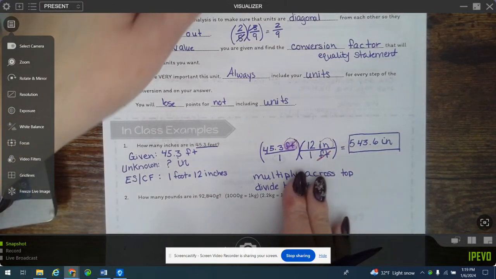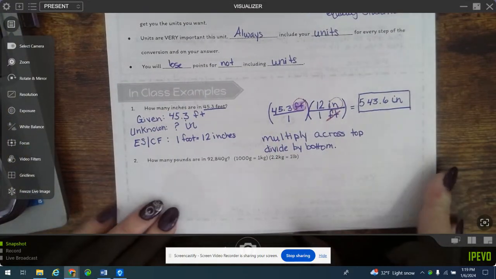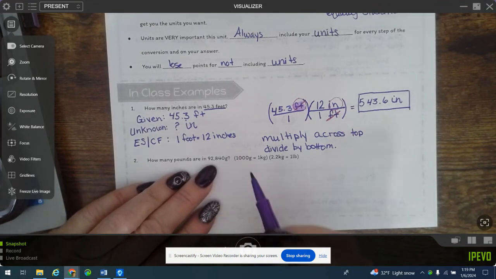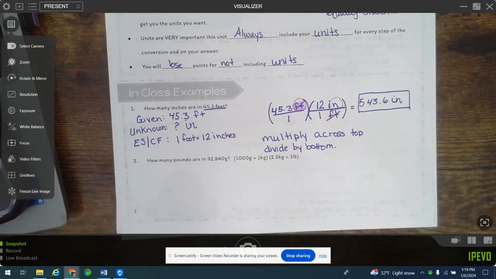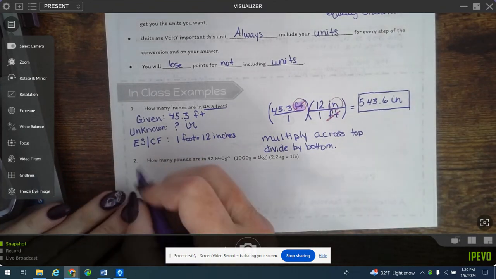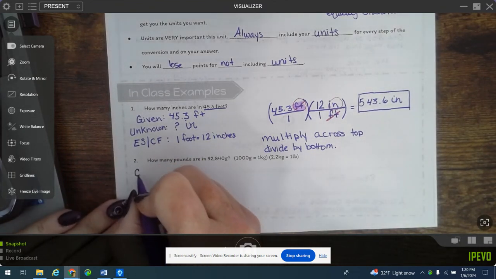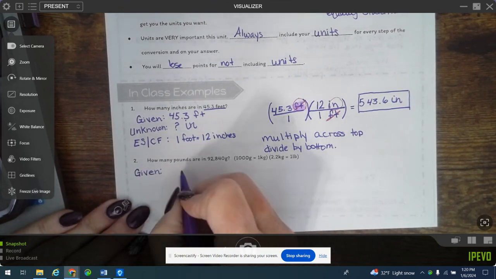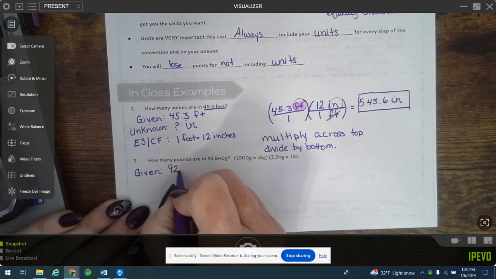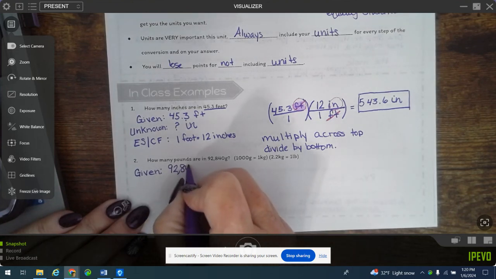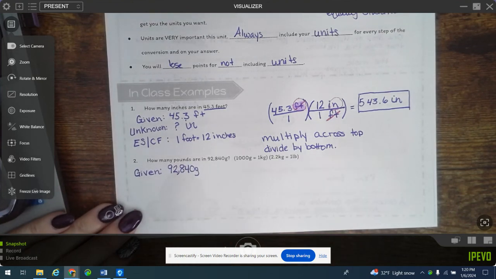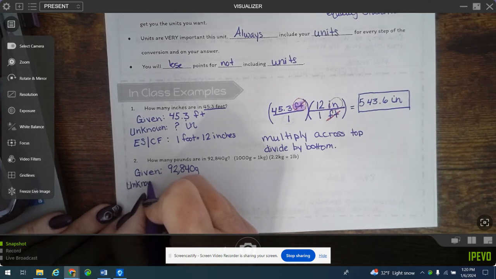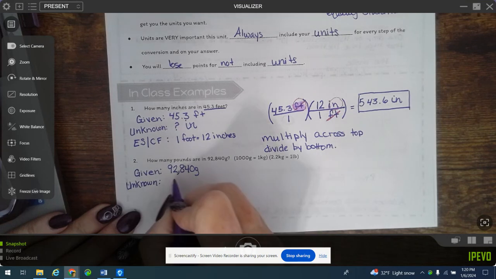A second practice. How many pounds are in 92,840 grams? I'm going to do the same thing. I'm going to start with my given. My given is 92,840 grams. My unknown is pounds.